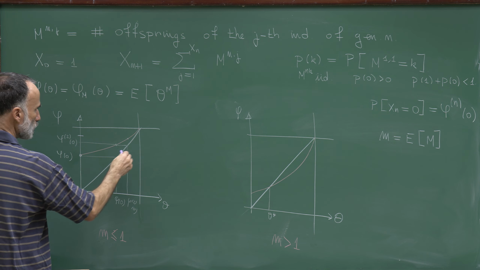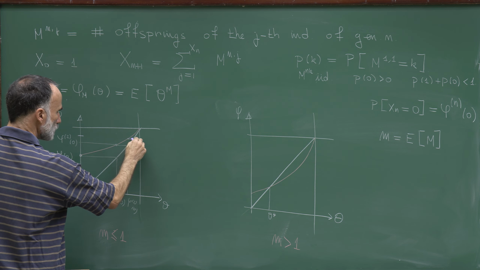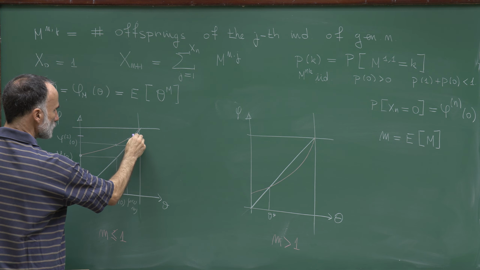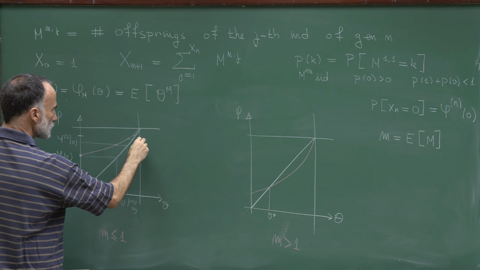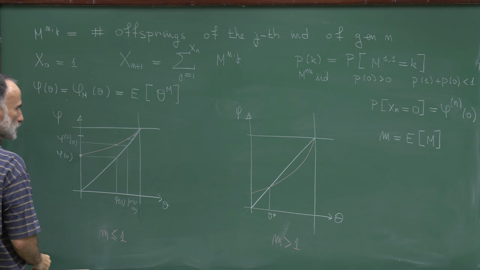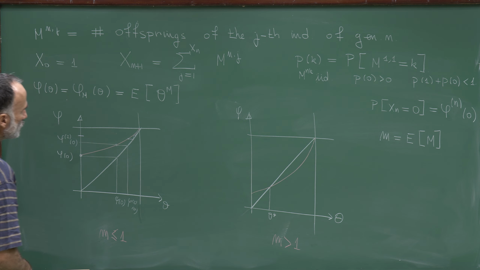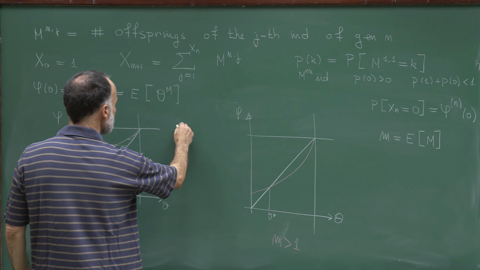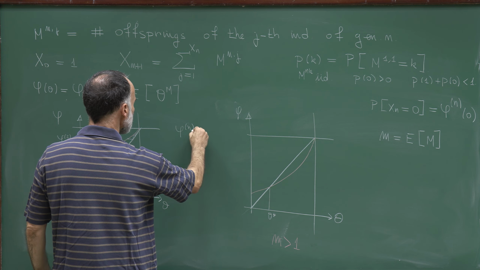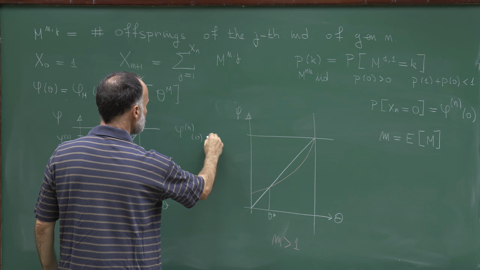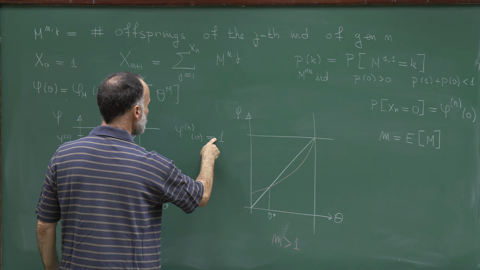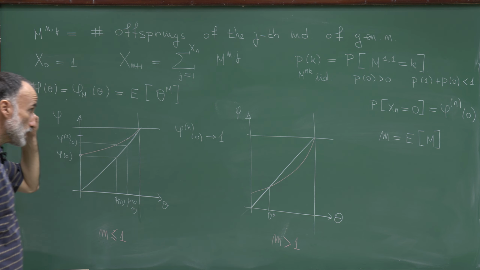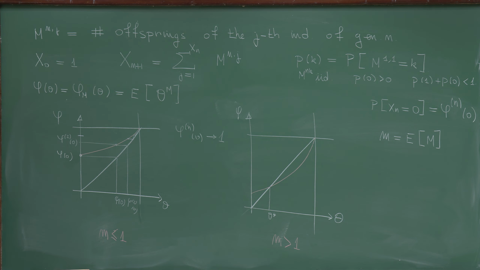And so on. I go to the diagonal by a horizontal line, and to the function by a vertical line. In this way, you see in the picture that it's clear that phi n of 0 will converge to 1.